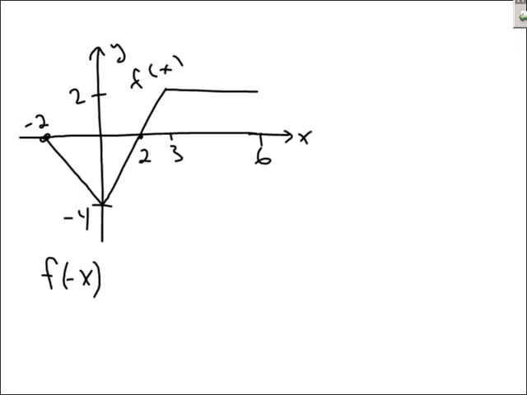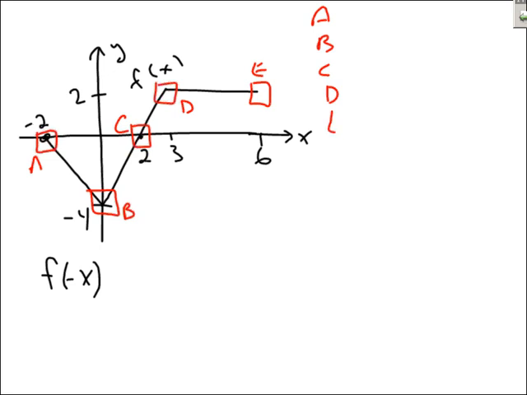Well, it's probably good if we found some key points on this graph. Like this point, maybe that point, this point, and the end point. We'll even give them names: A, B, C, D, and E. And what are these points?